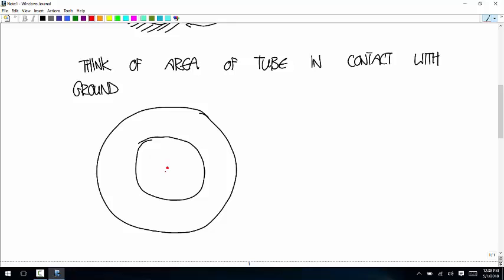And we have an outer radius, R sub O, and an inner radius, R sub I. And we're going to do this derivation all in terms of this infinitesimal ring.